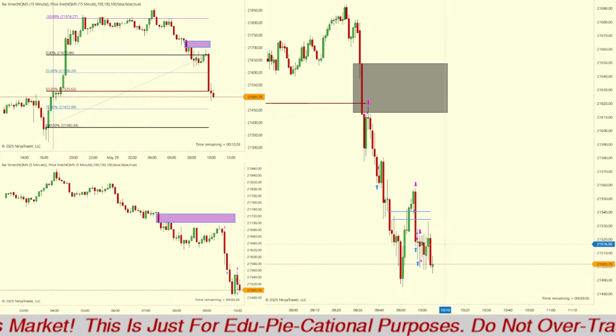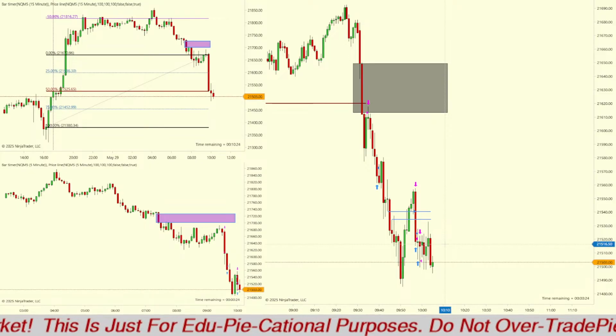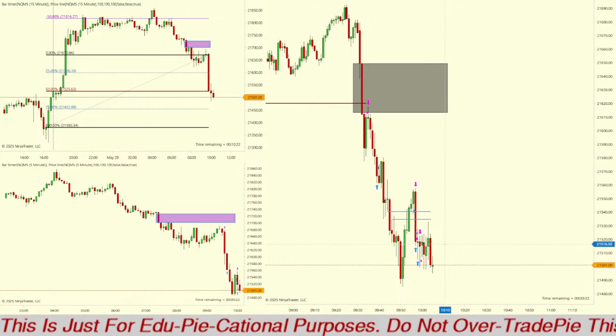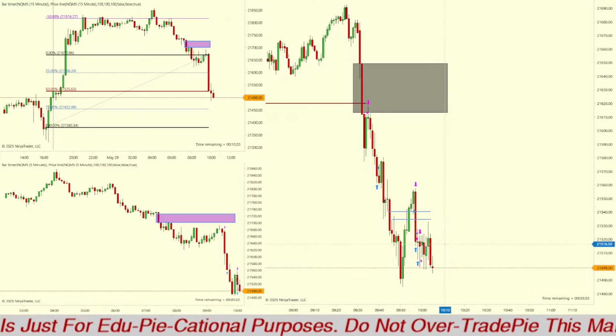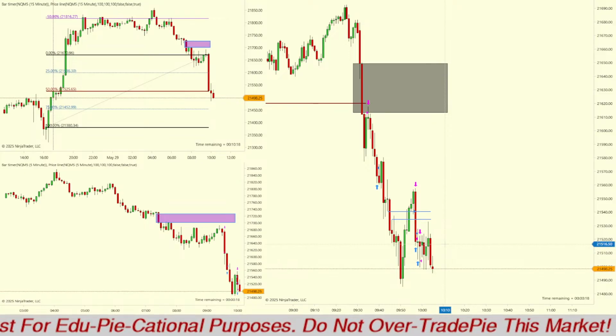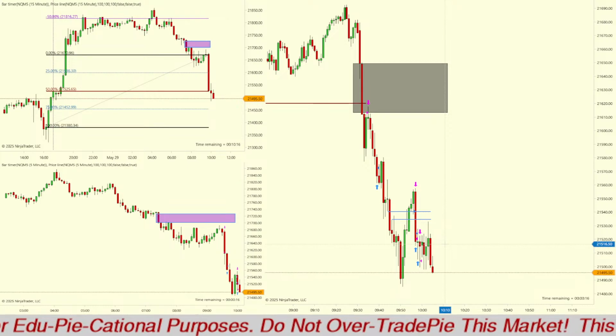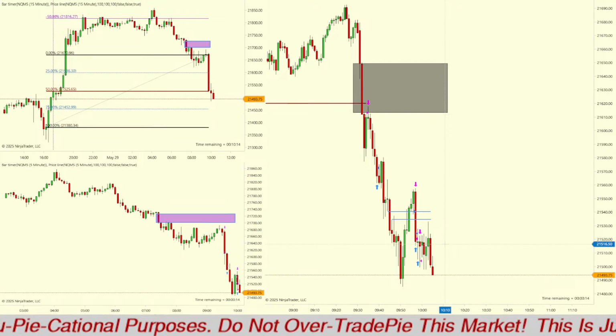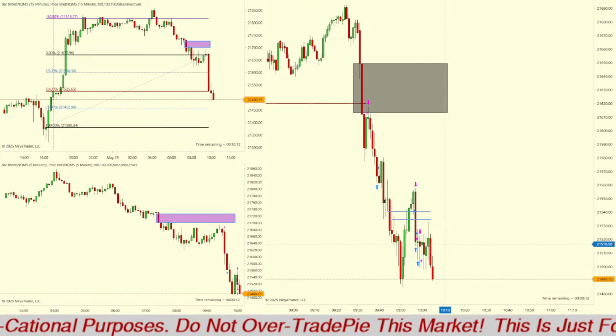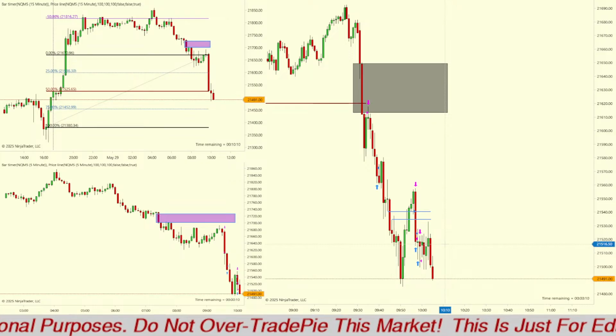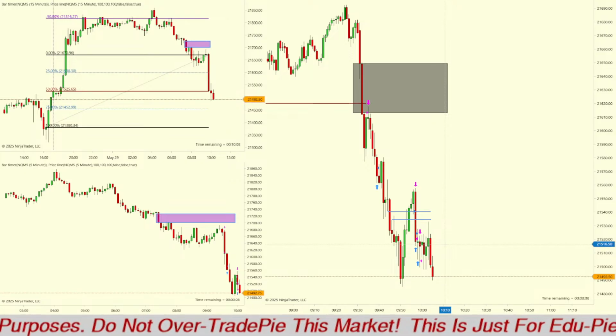You can see we are in the consolidation phase, and the only thing we have to do is wait for the market to finish this consolidation and show us a way to go.